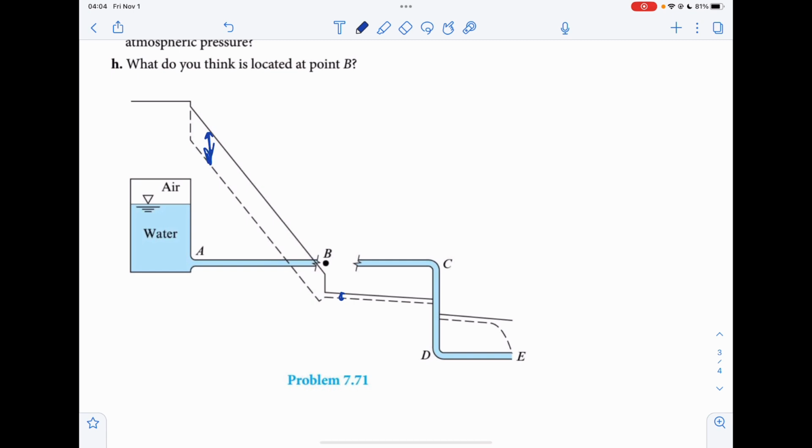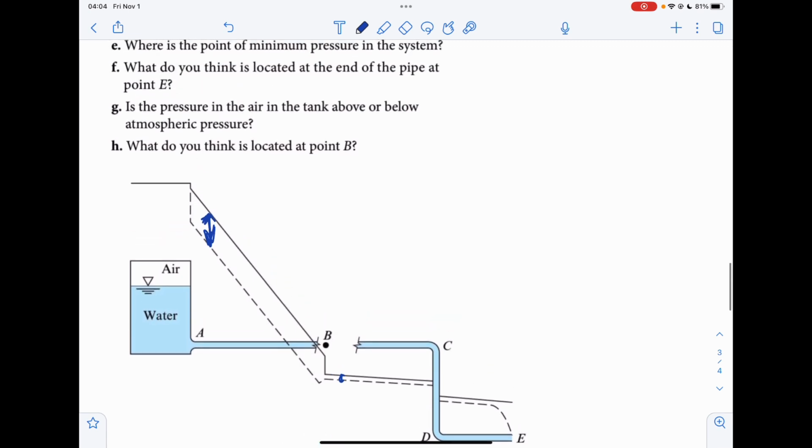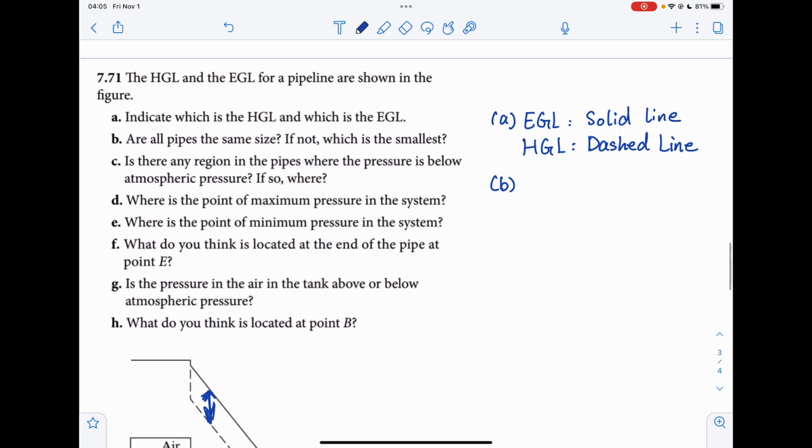And because the part from point A to point B has the highest velocity head, the velocity is highest in this part. Therefore, it will have the smallest diameter. So for part B, A to B is the smallest.